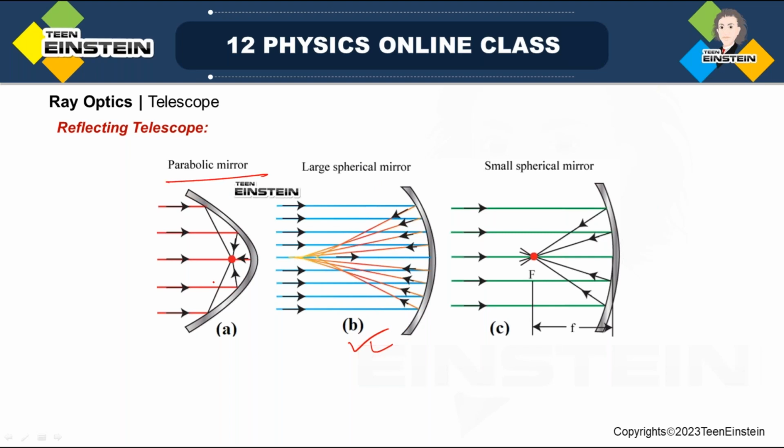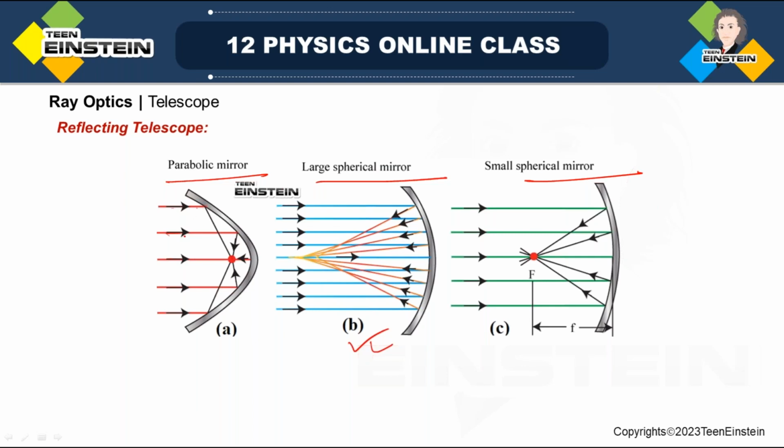Look, in case of a parabolic mirror, all the rays, whatever rays, this ray is maybe paraxial, this one is paraxial, they are focused here. And also, this one is the marginal ray, and this marginal ray is also focused at the same point. So we are using a mirror to remove the spherical aberration, but we are not using a concave spherical mirror alone.